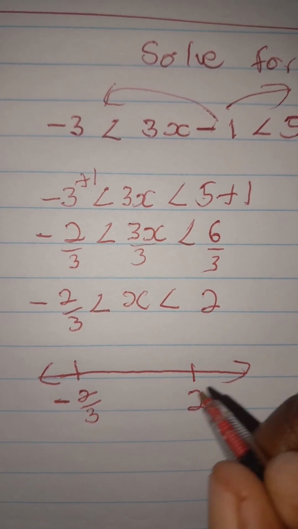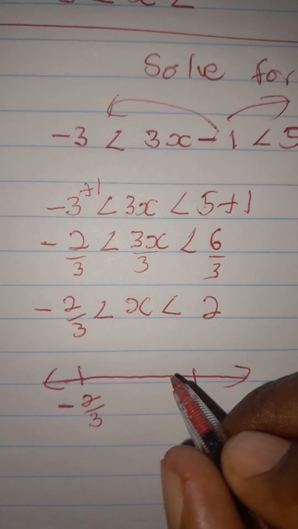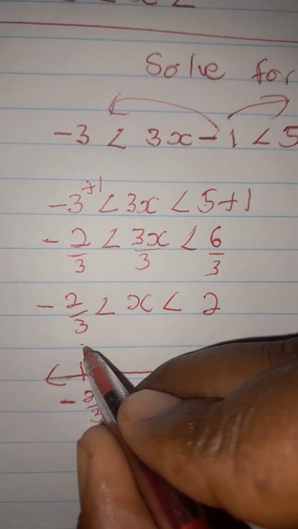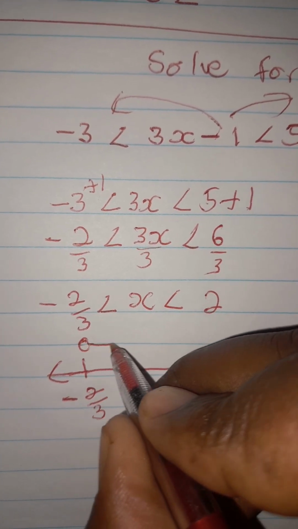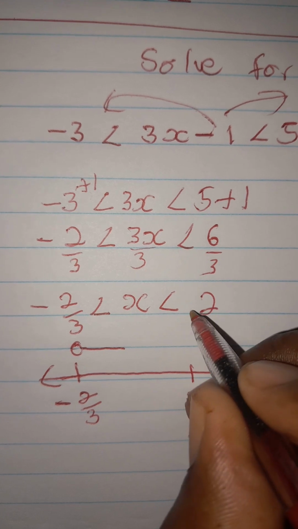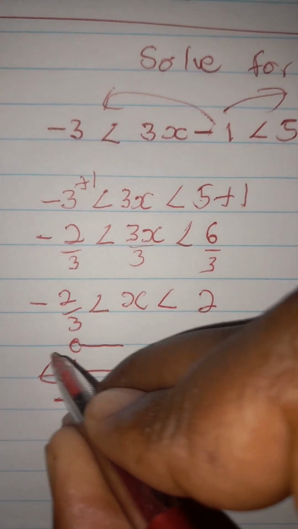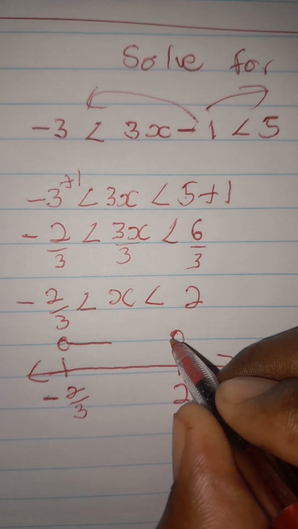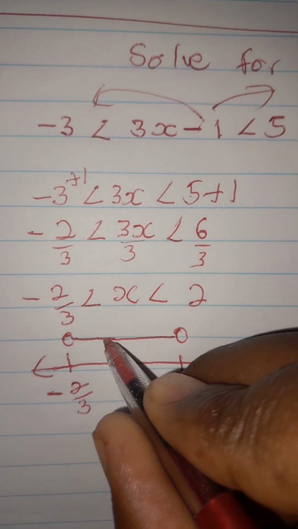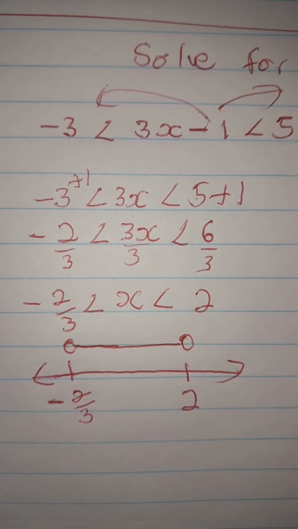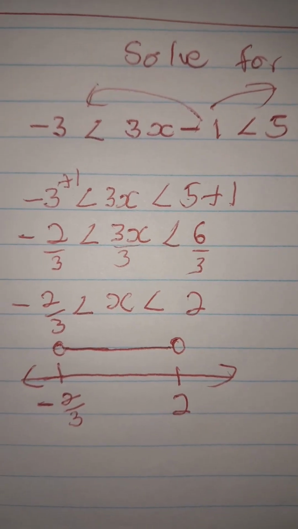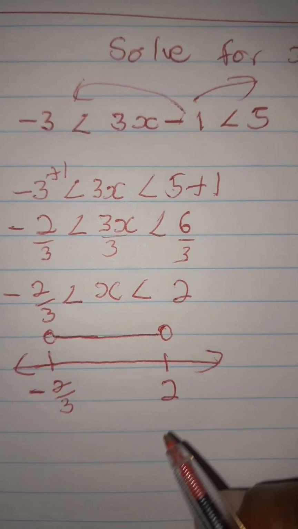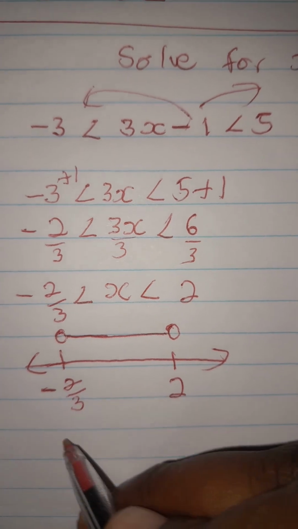Since it's greater than x, it's going to point on the right hand side. And this one is less than 2, it's going to point on the left hand side. We are going to use open dots, since it's not less or equal to, it's less, so we are going to use open dots, right? So that will be the solution.